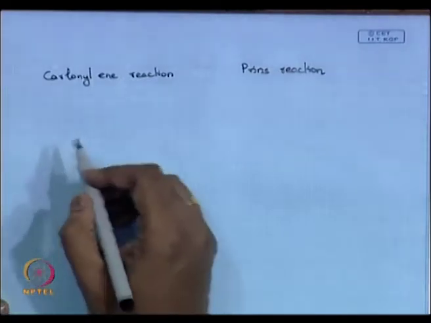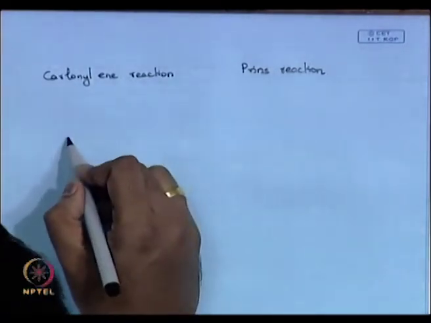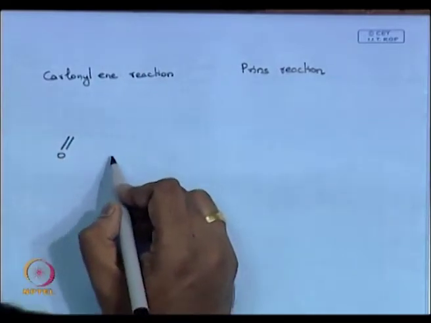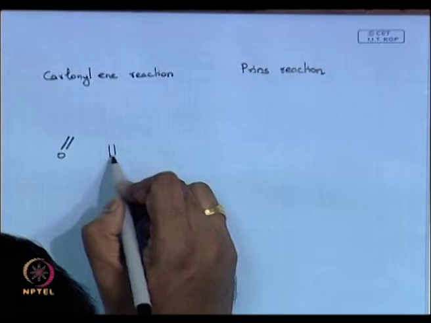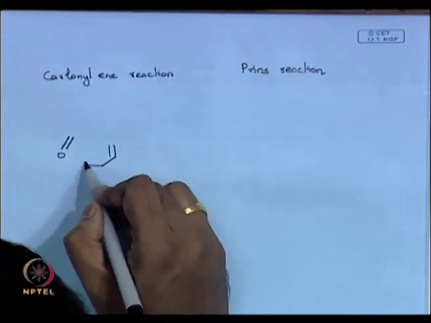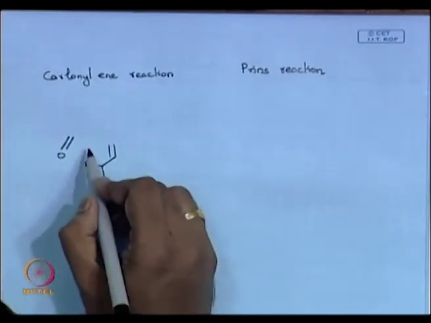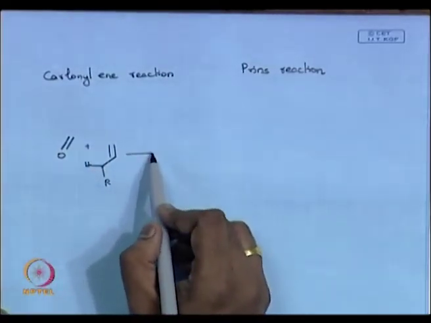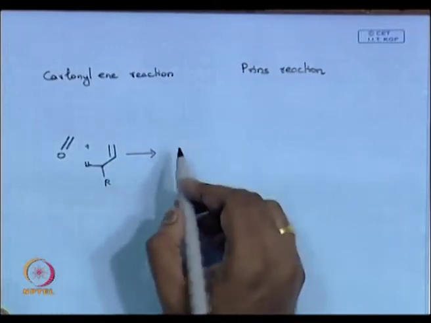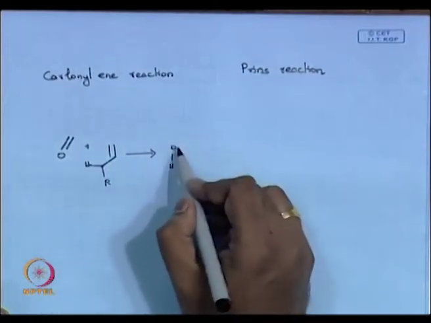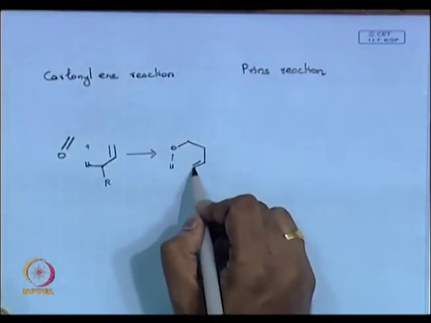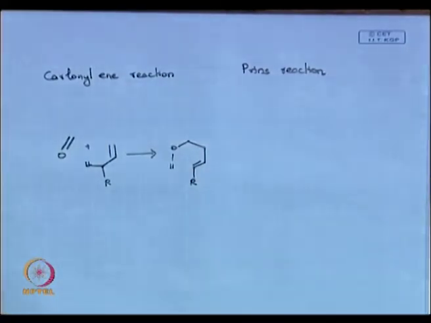For example, if I see this reaction, you have a carbonyl with an alkene system. This is your ene reaction, and I end up with a product like OH. This is the carbonyl ene reaction which you have studied.